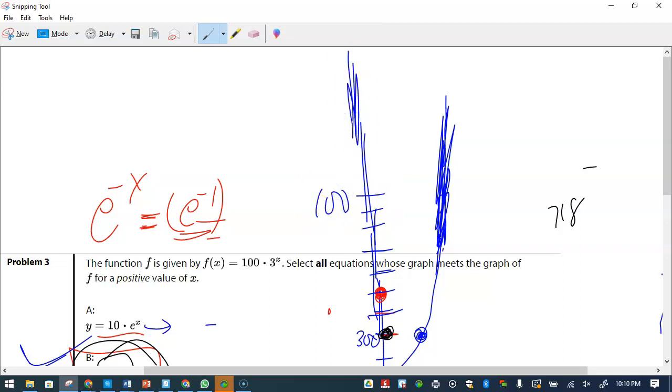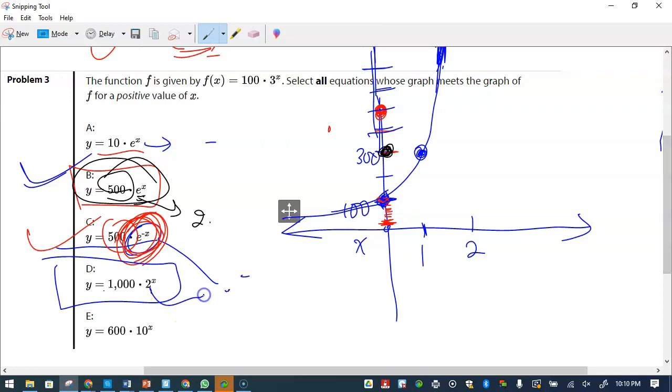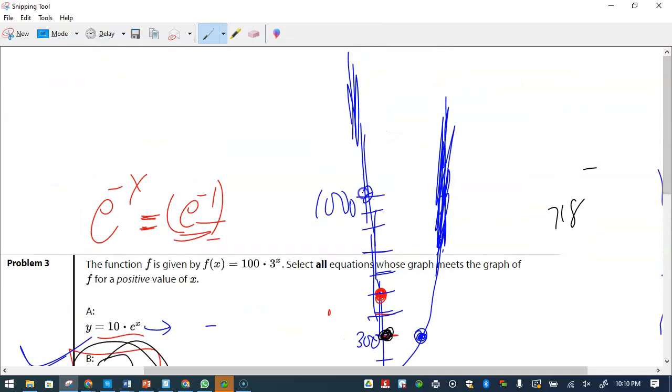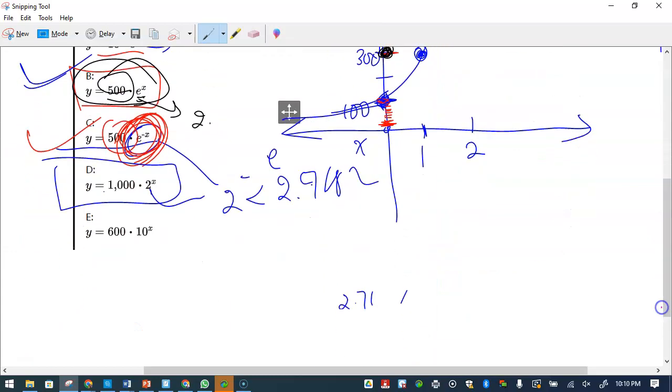But eventually, because this 2, which you see, the growth factor, is less than the e part, e is 2.7182. So even though it started at 1,000, it is lower. It will meet somewhere like this because this triples, but this doesn't triple. This is like 2.718. You're multiplying by 2.718. So it has to meet somewhere like that. So this is correct.